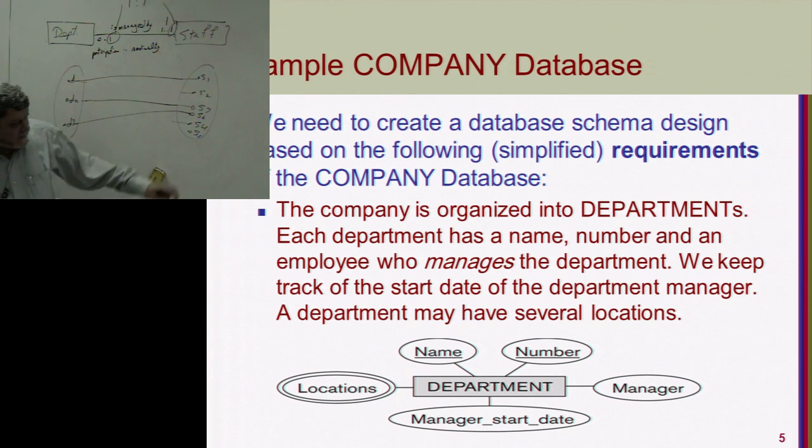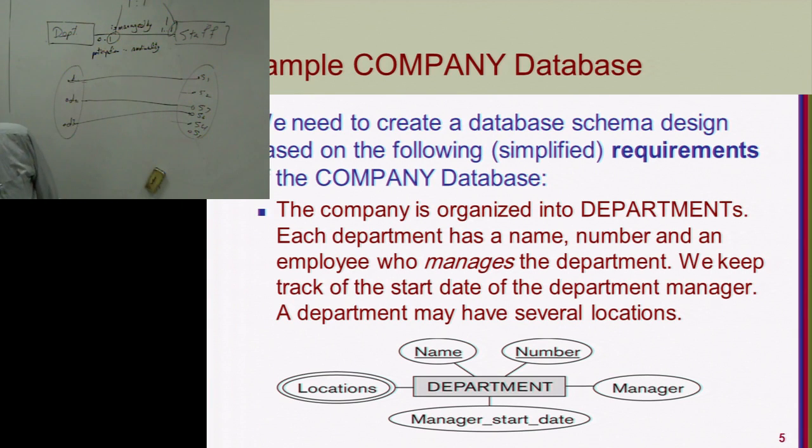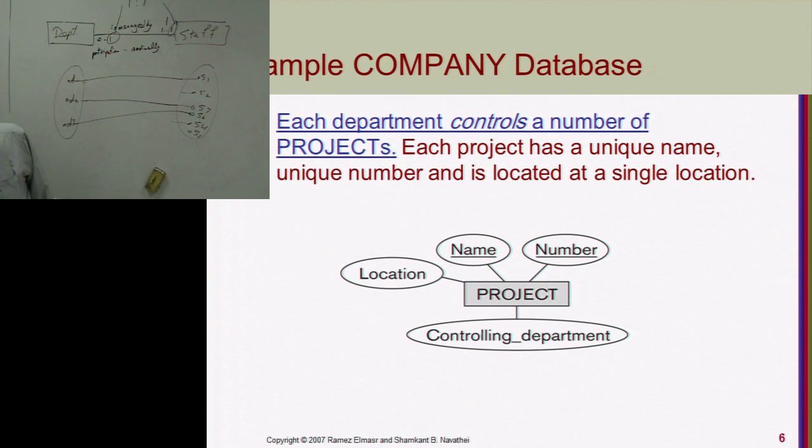Okay, this is one statement I obtained when interviewing the user. Another statement: each department, which we already identified as an entity type, controls a number of projects, many projects. So when we say many projects, it means that we probably have an entity type project. Each project has a unique name, a unique number, and is located at a single location. So these are properties describing the project.